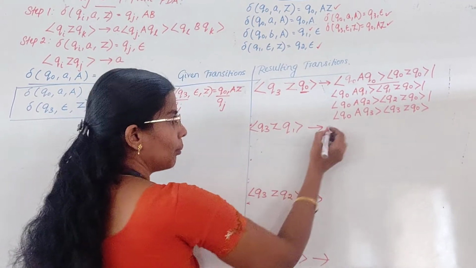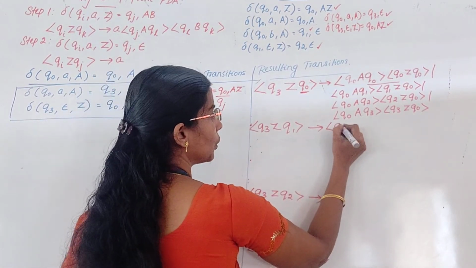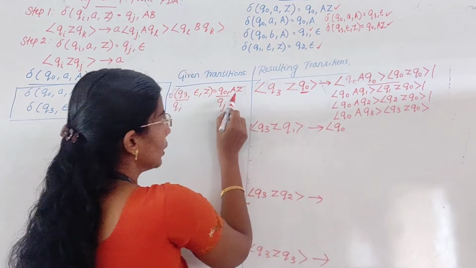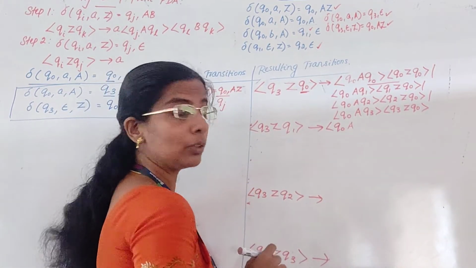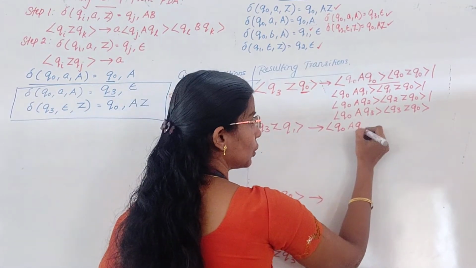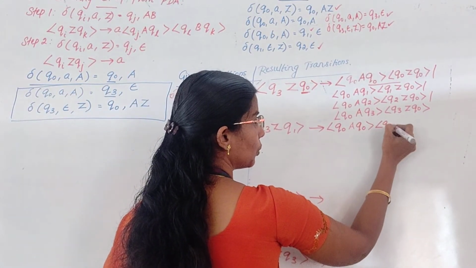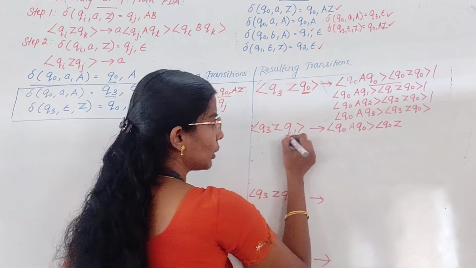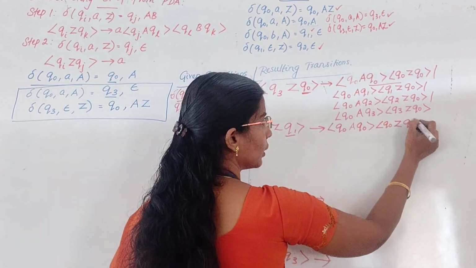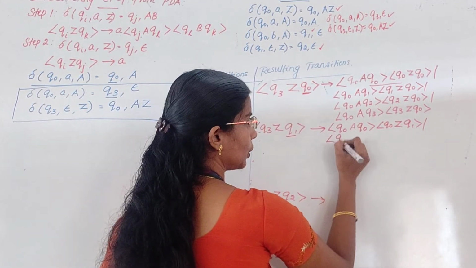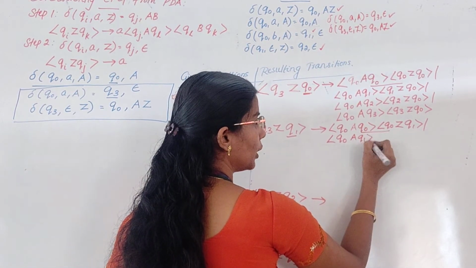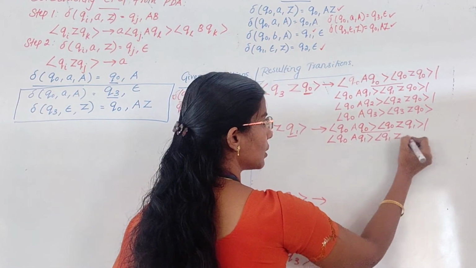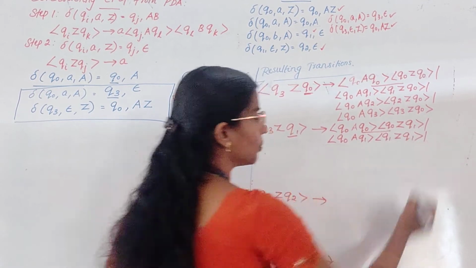How to write? My Qj is Q0, A, Z. Write all the possible L values. So it is Q0, Z. What about the K value now? It is Q1. Next Q0, A, the next possible L value Q1, Q1 set Q1.